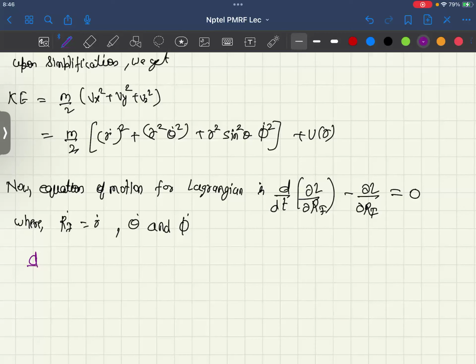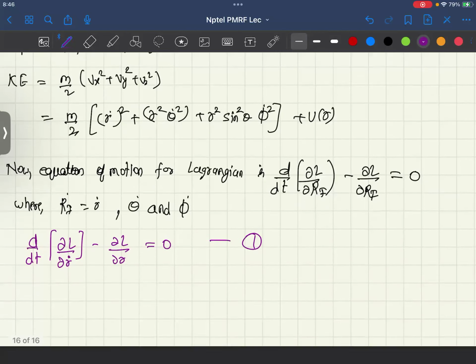Now d by dt of dou L by dou r dot minus dou L by dou r is equal to 0. Let us call this expression number 1.